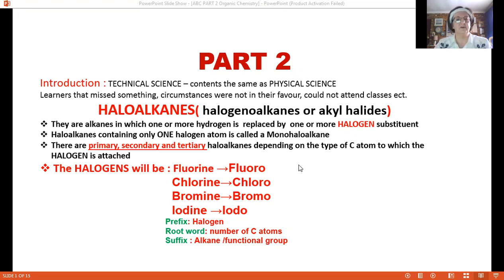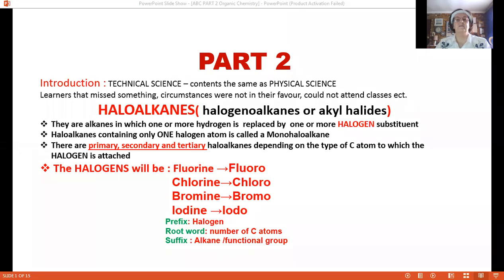I'm making these parts for those learners who miss something, whose circumstances were not in their favor, and who could not attend classes for whatever reason, because these 5 parts that I'm eventually going to do are a good summary of the 9 functional groups. I'm doing that for those learners that had a problem specifically in some part of organic chemistry.